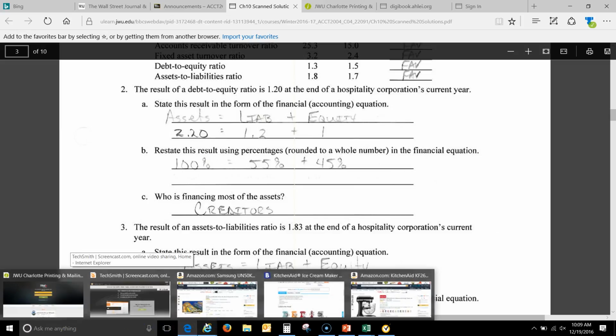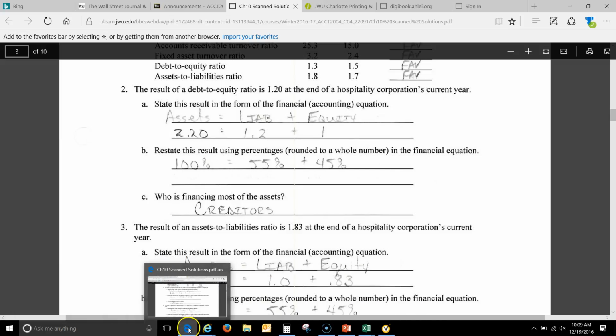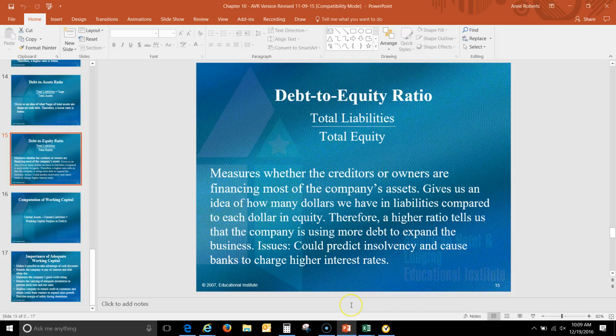So we got 1.2 out of this, right? That means for every dollar in equity, we have 1.2 in liabilities, right? So we plug 1 into equity, we plug 1.2 into liabilities, which means assets equal 2.2.